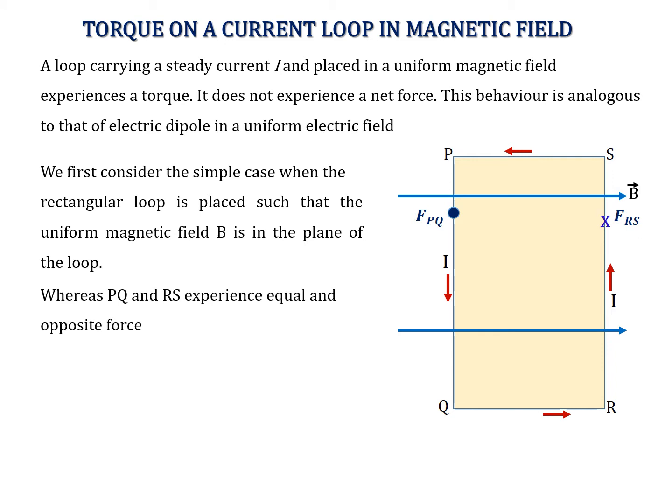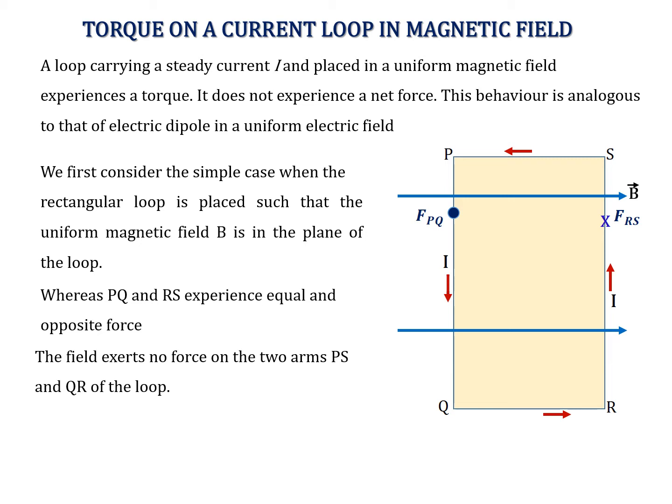Same current is flowing through the two parts. The magnetic field is the same and hence the force will also be the same, but the direction is opposite to each other. On the other hand, force on PS will be 0 because the current is opposite to magnetic field, and on QR also the force is 0 because current is parallel to magnetic field.